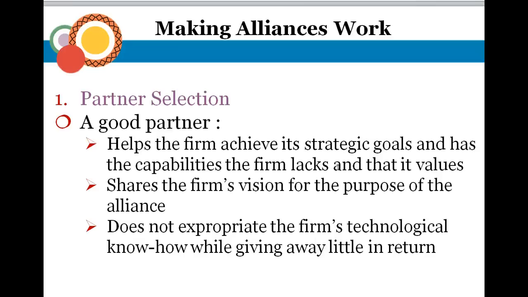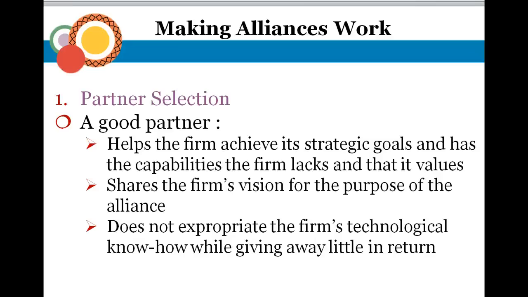So, you know, there are some disadvantages of strategic alliances as well. You could partner with a company and they could become your competitor, in a certain sense, once they learn your side of the business. Or they may purchase a competitor and then become a competitor directly with you.